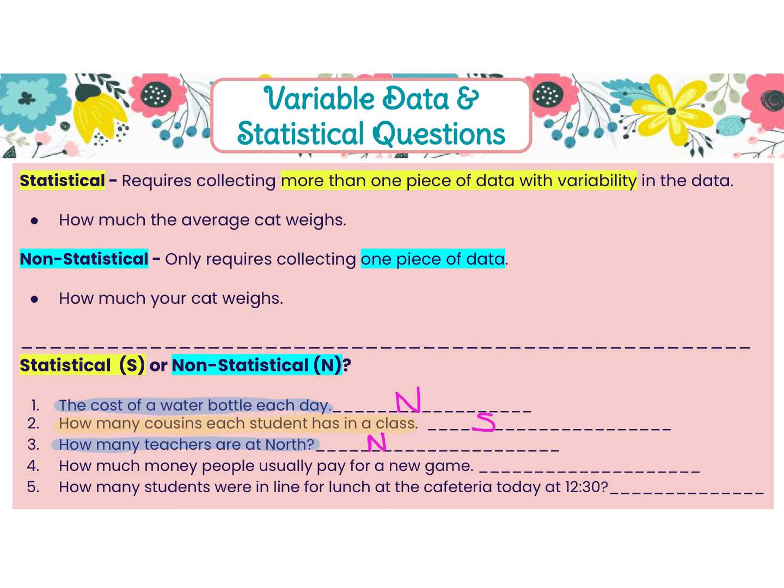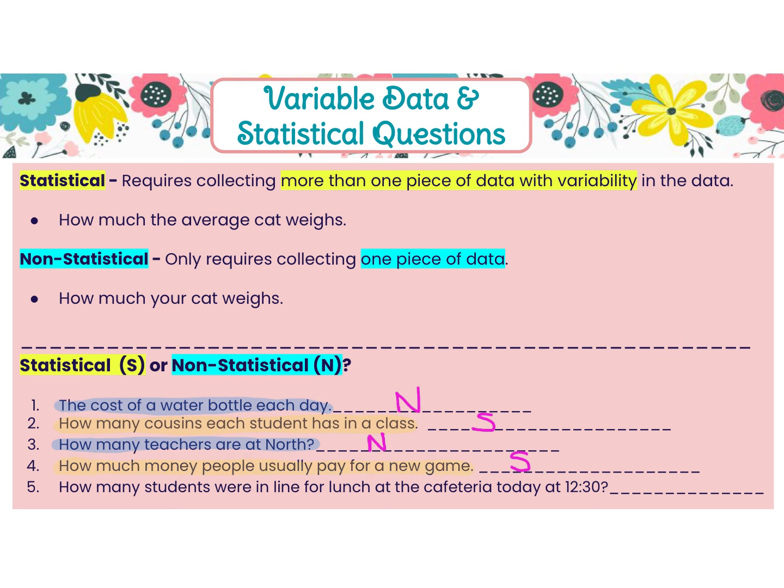This would be statistical because depending on the type of game, the cost would be different. So each student would pay a different amount for a new game they were wanting. So we have to collect more than one piece of data, and that data will have variability.